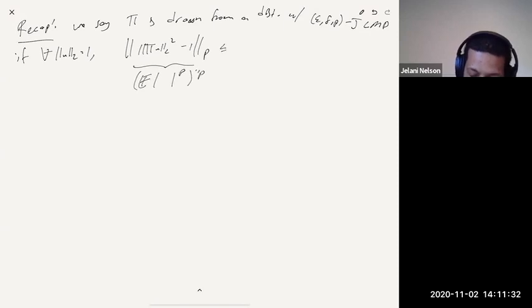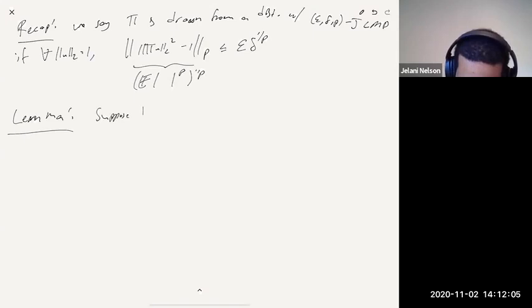That's the definition of what it means to satisfy the epsilon delta p JL moment property. We've already talked about this before, and we said if you have this for p at least 2, then pi will also give you approximate matrix multiplication as well. Now I want to show you that the JLMP gives you something else as well.